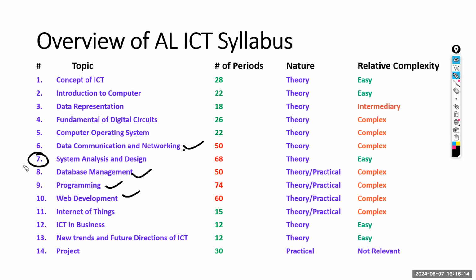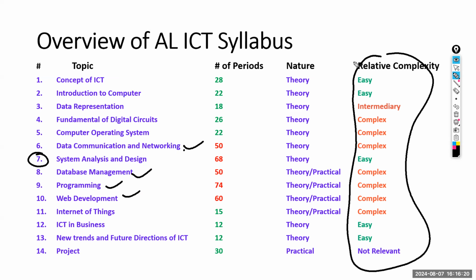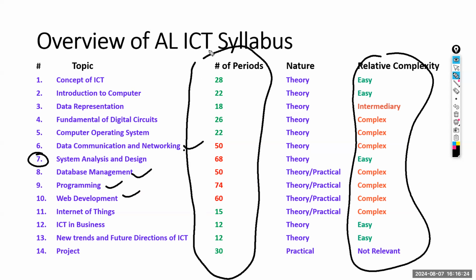And complexity wise also, this is a classification I have done. This is of course the official number of periods from the education department. So you can see that the middle topics are somewhat complex topics, other than system analysis and design, which, as I told you, is a theory topic.